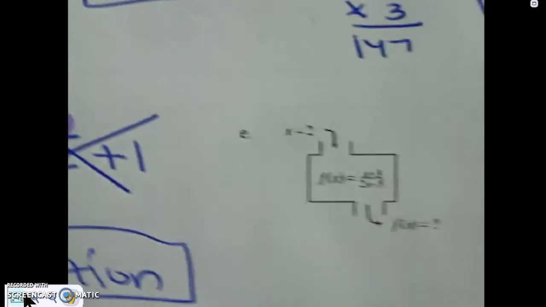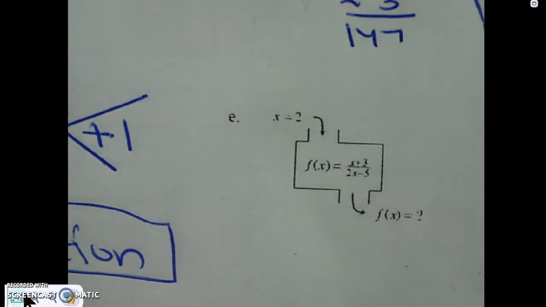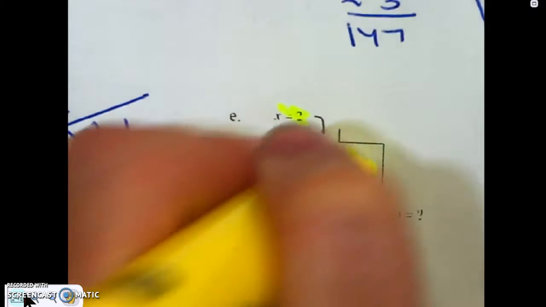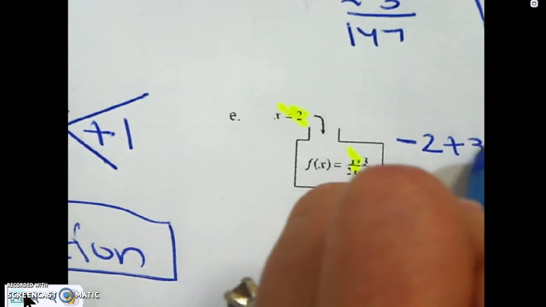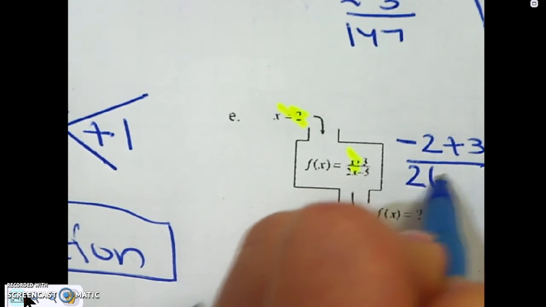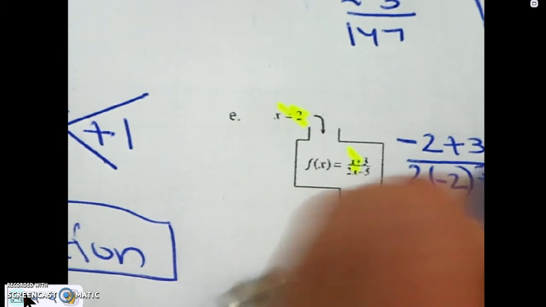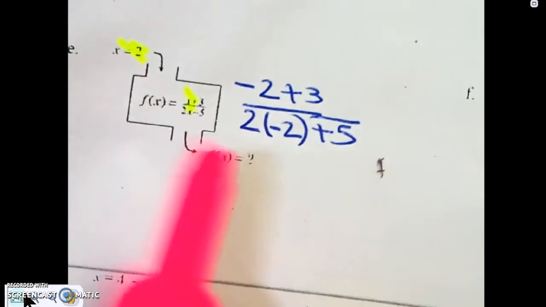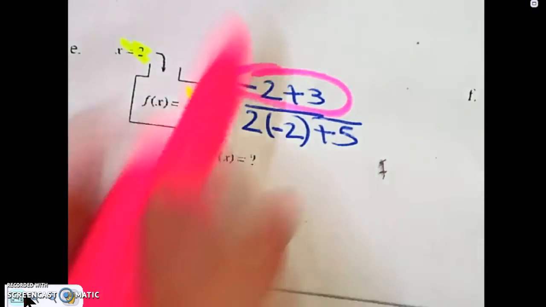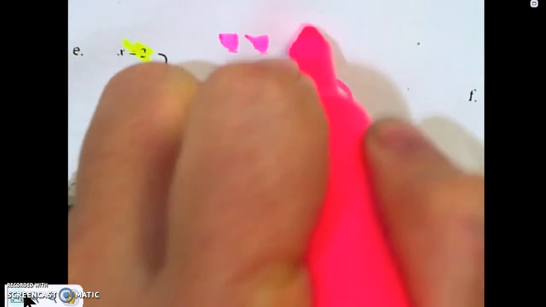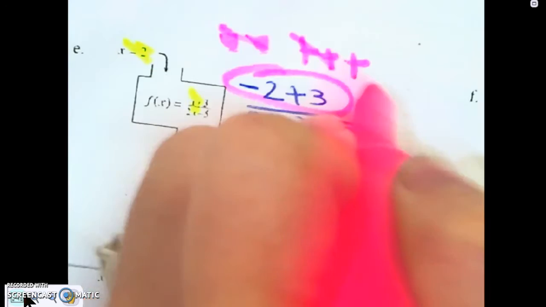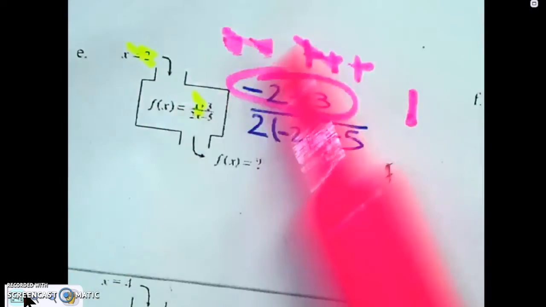Next one, okay? This time I'm supposed to take the -2 and plug it in. I'm going to go -2 plus 3 over 2 times -2 plus 5. So I'll take care of the top first. -2 plus 3, so I get +1 over.